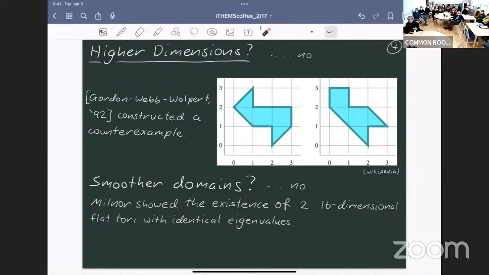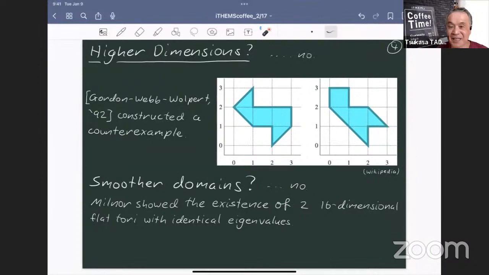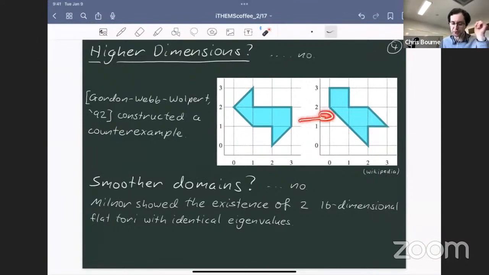Follow-up question: is it the angle of those corners that counts? This has been turned into a much larger industry where there are many counter examples, but they all look like this, with very simple shapes with these types of angles.